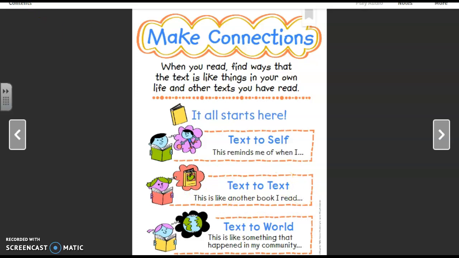You might think of something that is text to self. Like, oh, this reminds me of when this happened. Or you might think of something on text to world, something that happened in your community. So as we read, we are making connections from the book to our own lives.